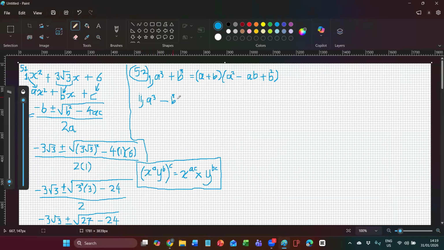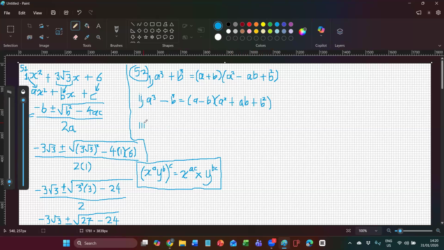That would be A minus B into A squared, we'll flip the sign here, plus AB plus B squared. Okay, yes.